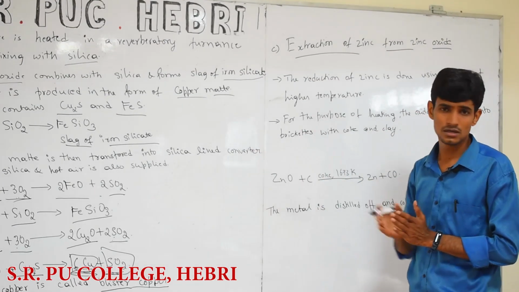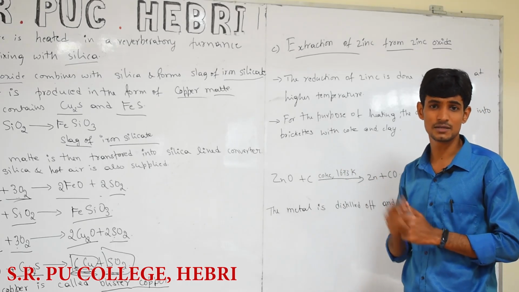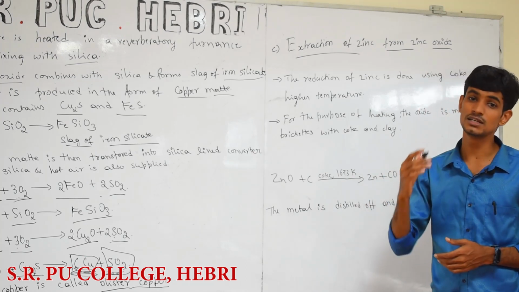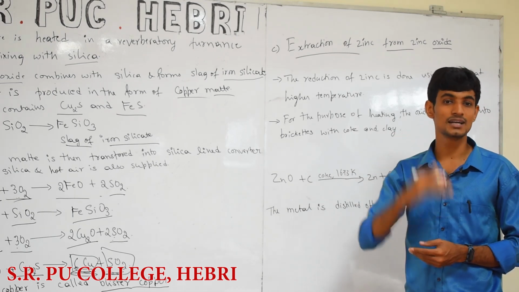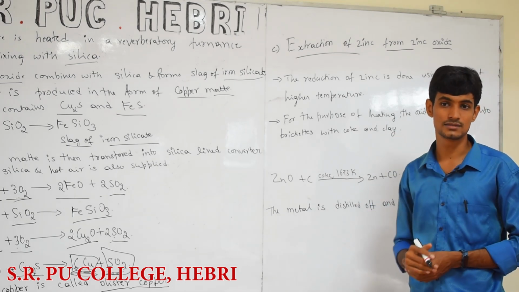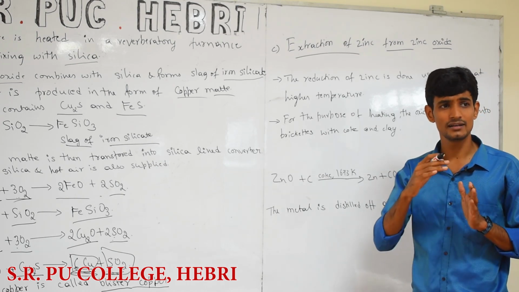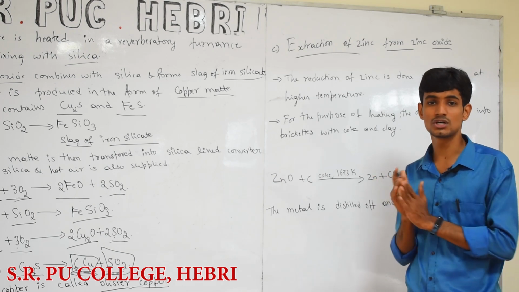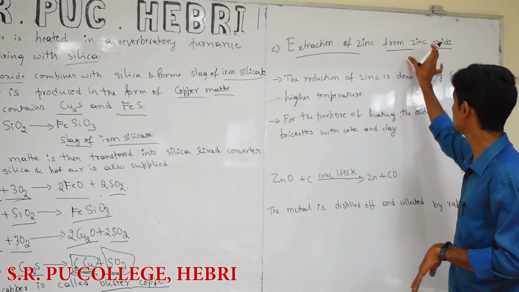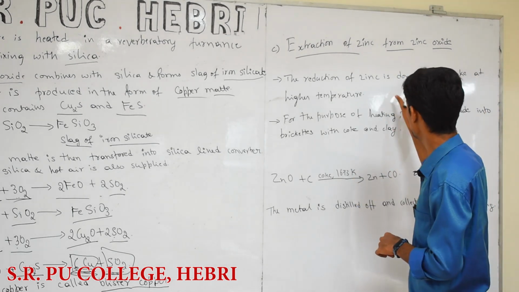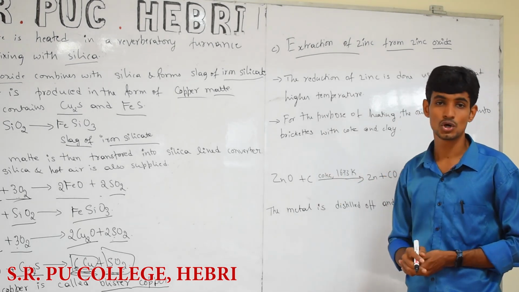In the case of copper, we are not maintaining a higher temperature, because in the Ellingham diagram the line of copper oxide is present above all the lines, at the top, so there is no need to maintain high temperature. At all temperatures, coke can reduce the copper oxide. Now if you look at the oxides of zinc, you need to maintain a somewhat higher temperature compared to the copper one.